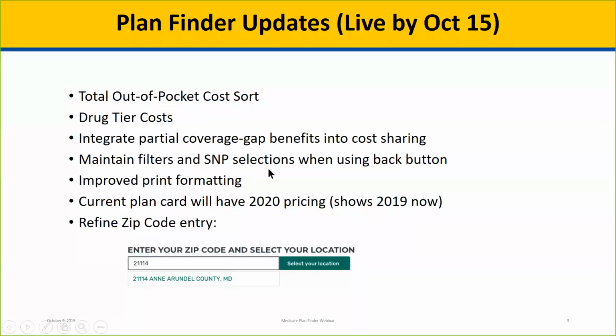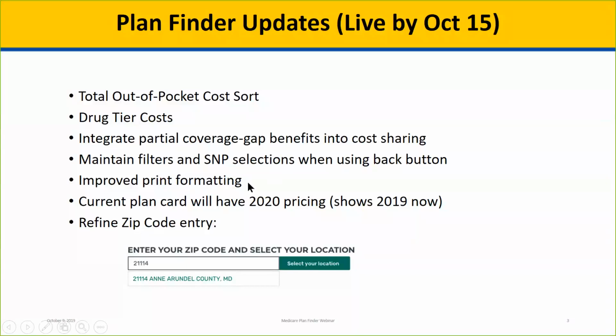We're going to maintain the filters and the special needs plan selections when you use the back arrow when you're navigating. We've heard a lot of comments about printing, that there's too much white space on the paper and you get many more pages than you need. We are working on that and should have that done by October 15th.